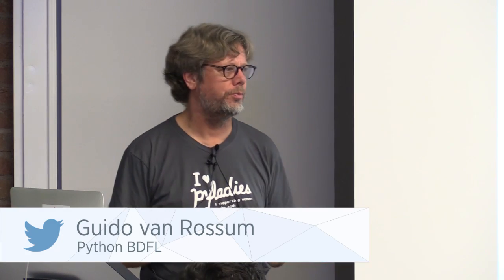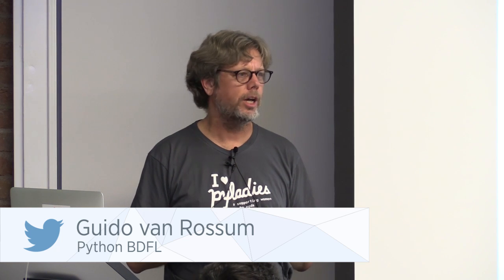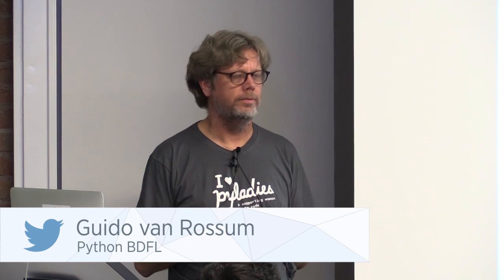So, okay, now for the woolly, soft stuff. I had a bunch of goals. My original goal, and I think yesterday was the 1-year anniversary of the discussion about Tulip, is when I started posting on Python Dev saying we've got to do something about asyncore. We can't just make a small upgrade to it.